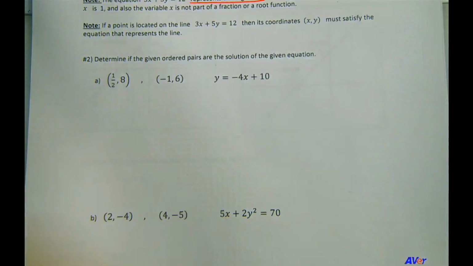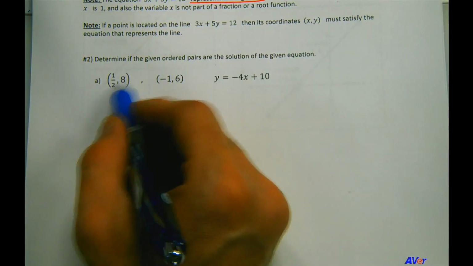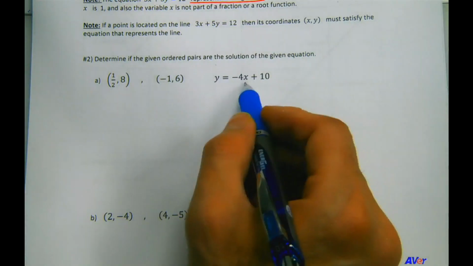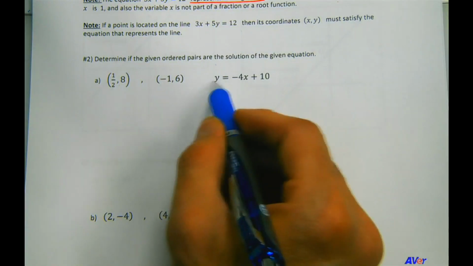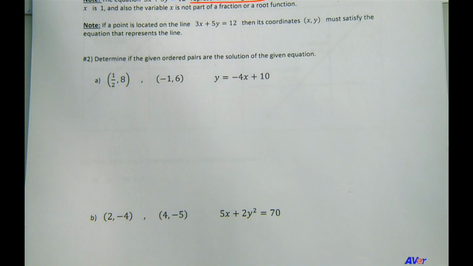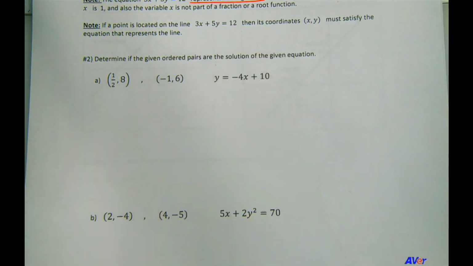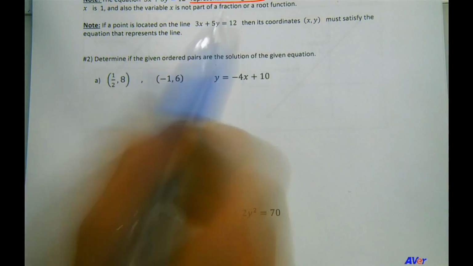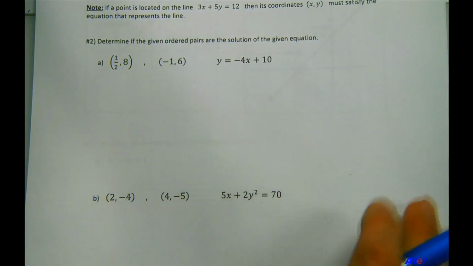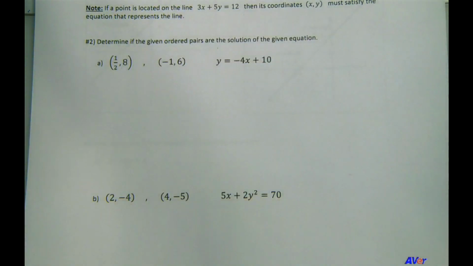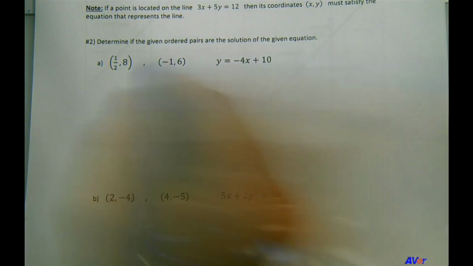If that's the case, then when we plug these coordinates into this equation, we should get both sides equaling each other, which means these points are on that line if these coordinates satisfy that. So before you see my solution, it would be a good idea to pause the video, run that check on your own, and then come back to the video. And I'm assuming you've done that.